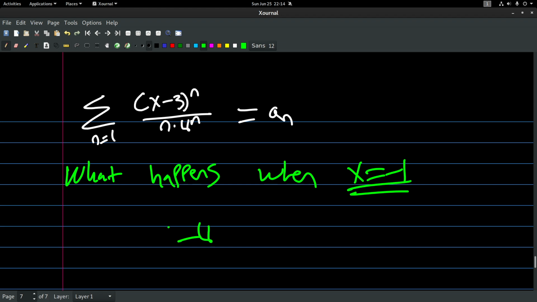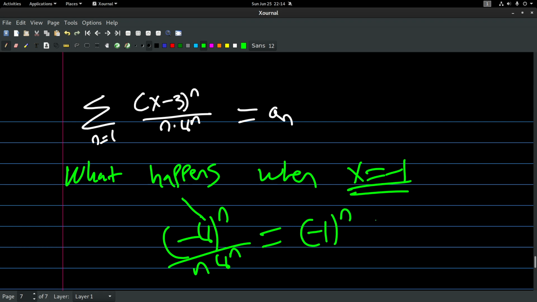So it's negative 4 to the n over 4 to the n, which equals negative 1 to the n divided by n.